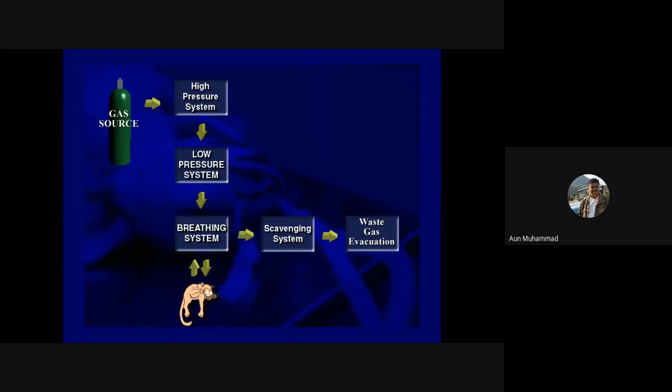Similarly, the scavenging system eliminates the unused or non-reusable gases to the outside of the environment, and then we have the waste gas evacuation system. So this is the main flow sheet diagram showing your anesthesia system. These are the basic principles of the anesthesia system, starting from the supply of the gas and ending with the waste of the unused or non-usable gas.